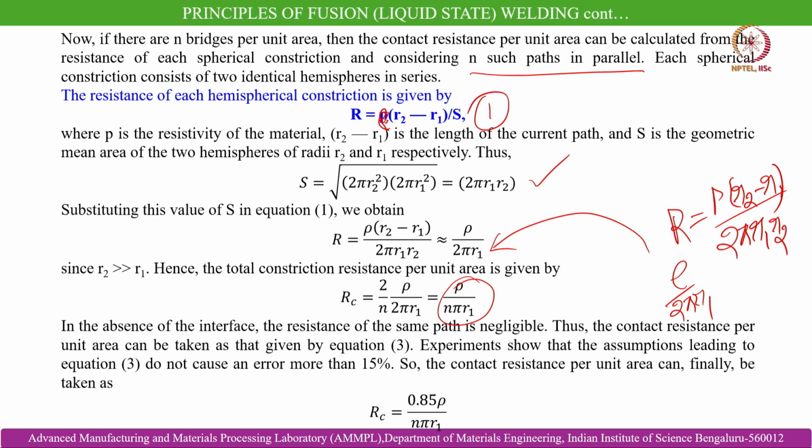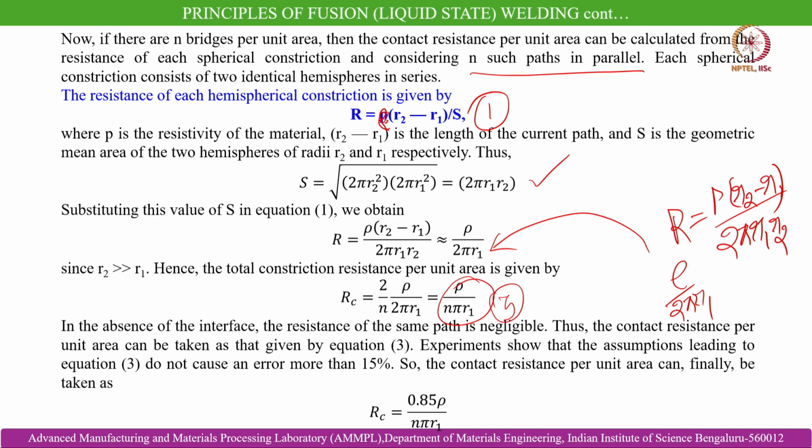In the absence of the interface, the resistance of the same path is negligible. Thus the contact resistance per unit area can be taken as that given by the above equation. Experiments show that the assumptions leading to this equation, which is termed here as equation 3, do not cause an error of more than 15%.